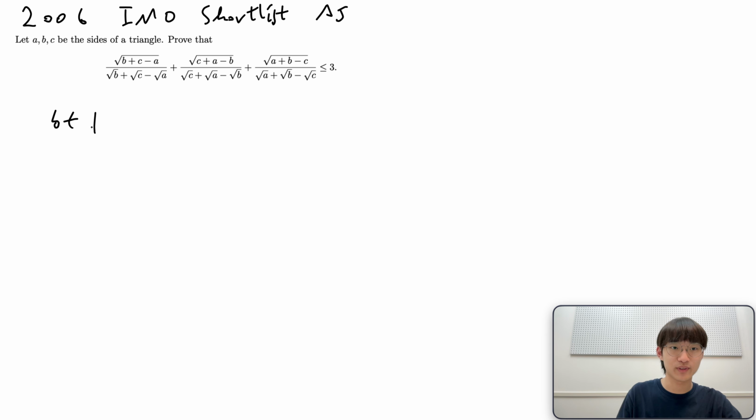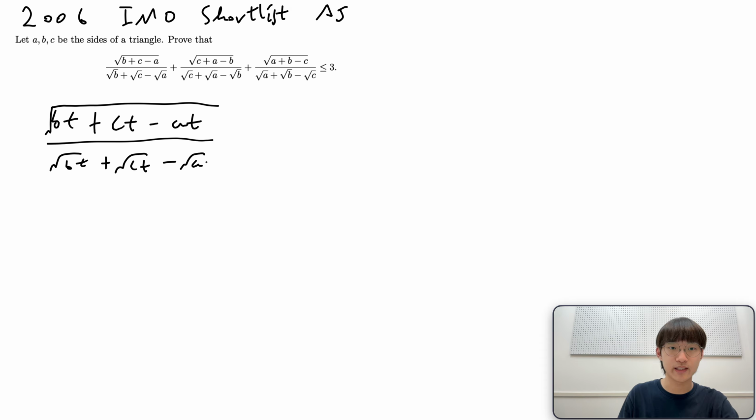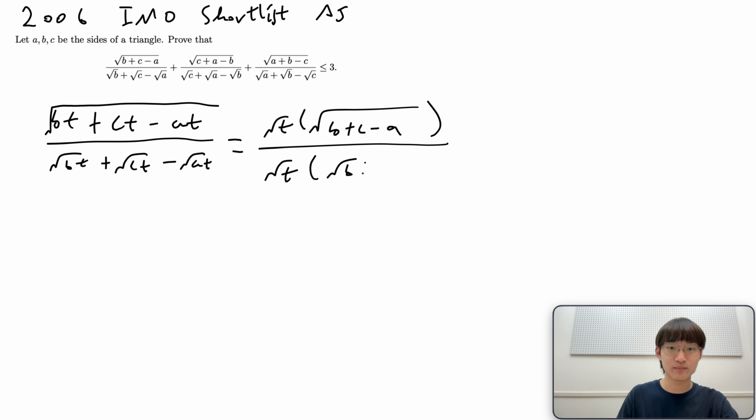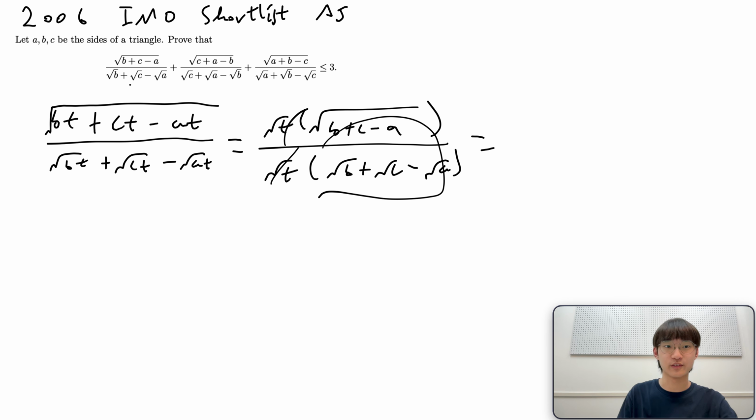So we get bt plus ct minus at over root bt plus root ct minus root at. This is equal to root t times root b plus c minus a, over root t times root b plus root c minus root a. This root t cancels out, and this leads us to our original term right here.